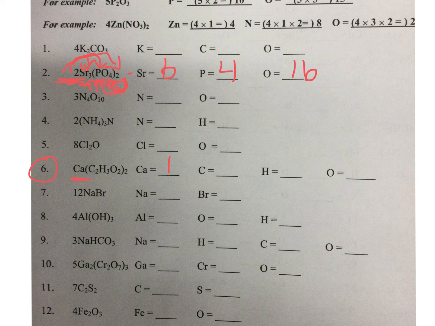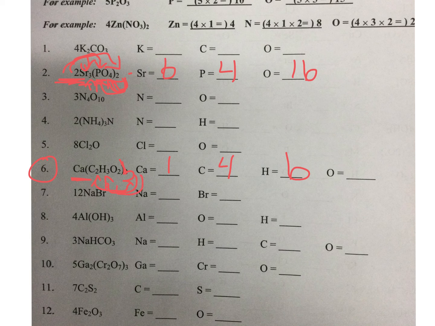Now, acetate in here is inside parentheses, and there's a 2 on the outside. So that 2 is going to multiply to everything on the inside. So 2 times 2 carbon gives you how many? Yep, you're going to have 4. Very good. Now you're going to do the same thing to each one. 2 times 3 for hydrogen. 6. Very good.